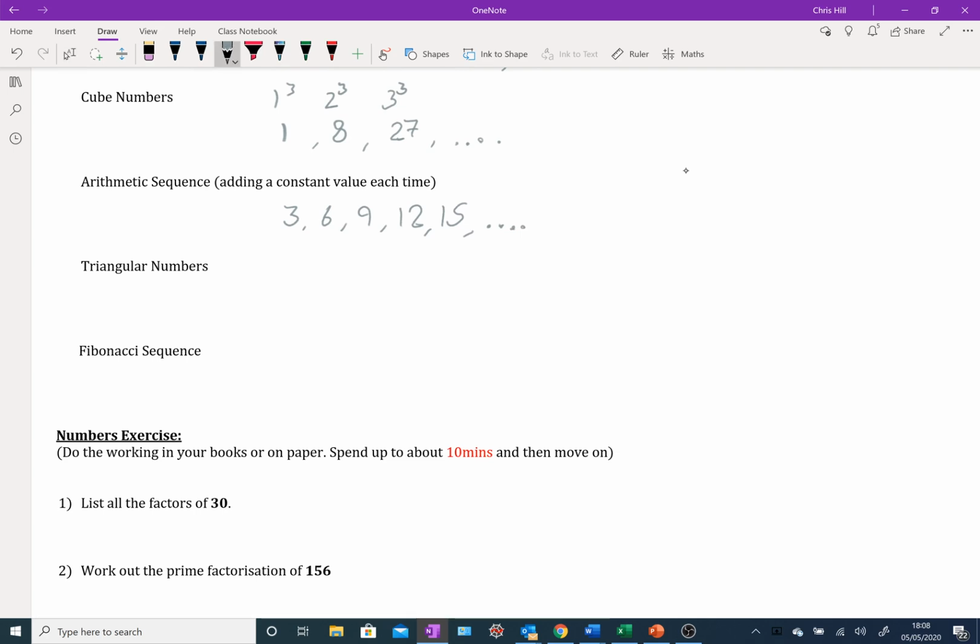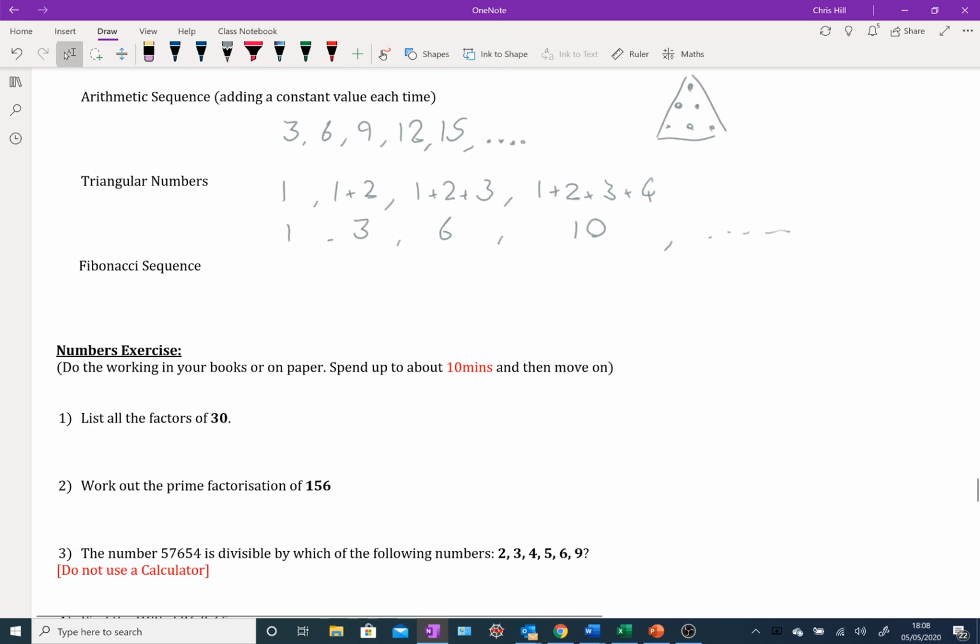Triangular numbers start at 1, and then it's 1 plus 2, and then it's 1 plus 2 plus 3, and then 1 plus 2 plus 3 plus 4. The reason why it's triangular is because you're just adding to the triangle as you go. So that will be 1, 3, 6, 10, etc. Okay.